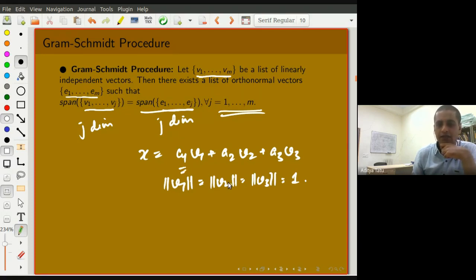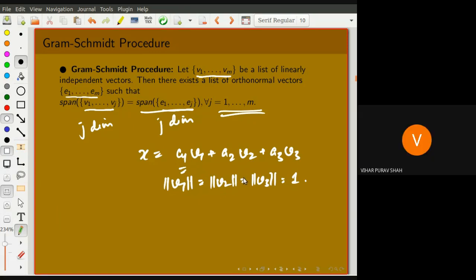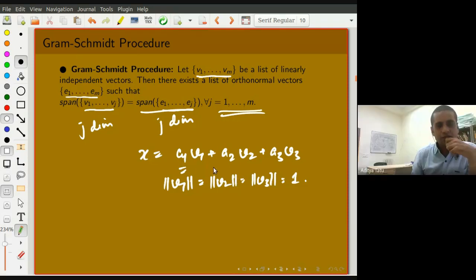That is a1. How much of x is along v2? That's a2. No, sir, but to represent an entire space, we will need its basis, and for that we will need the linearly independent vectors. Right. So my question is, yes, linear independence is required for unique representation. Why orthogonality? Does it help at all?